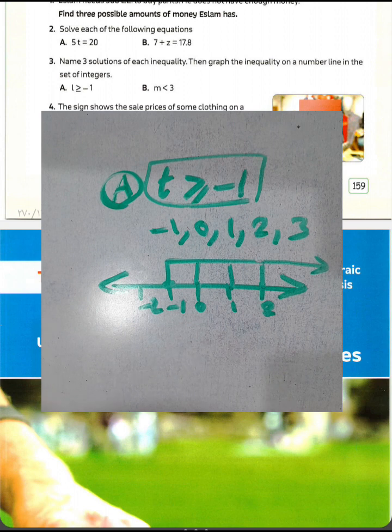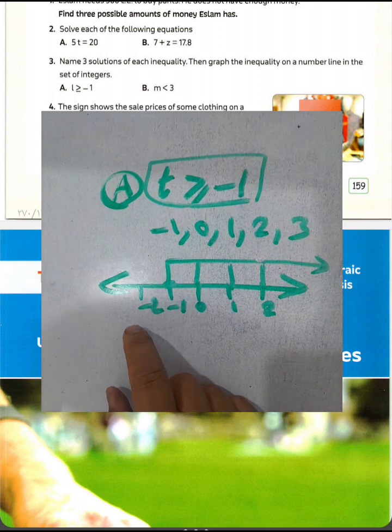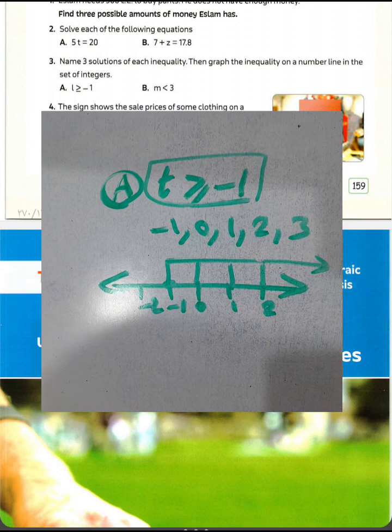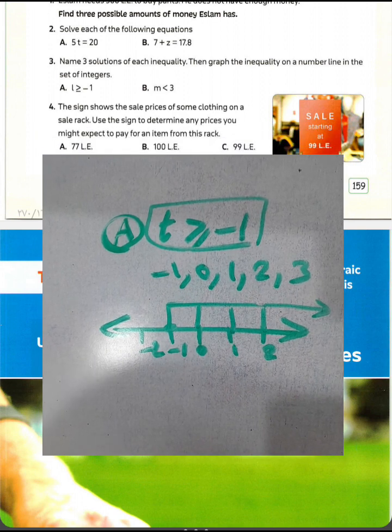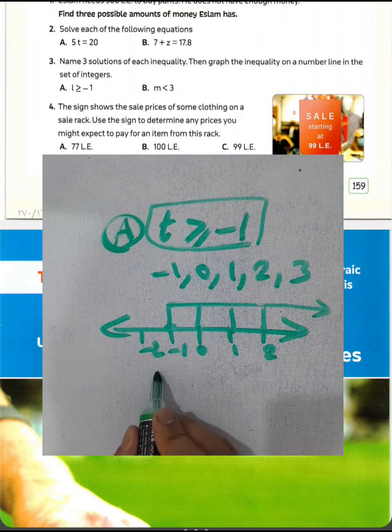Understood? Then here we have question number 3 as the result. Okay, and m less than 3.